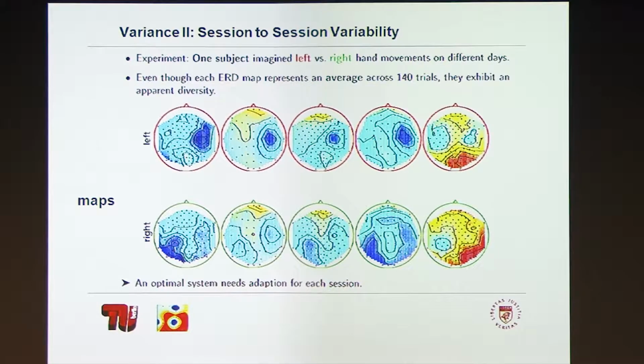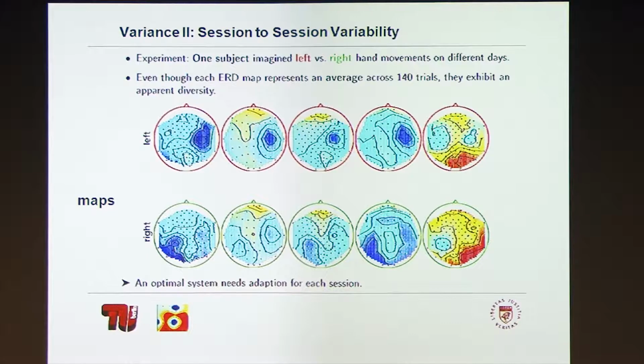Now let's look at another source of variance. Let's look at one subject at one day doing this left-right imagination. You can see the maps. The black dots are where the electrodes are sitting. The triangle is where the nose is. It's a picture from above of the brain and of the voltage distribution. You can see that there's a little knob for left imagination on the right hemisphere and for right imagination on the left hemisphere.